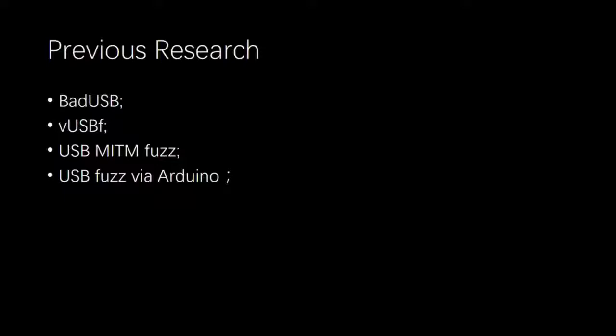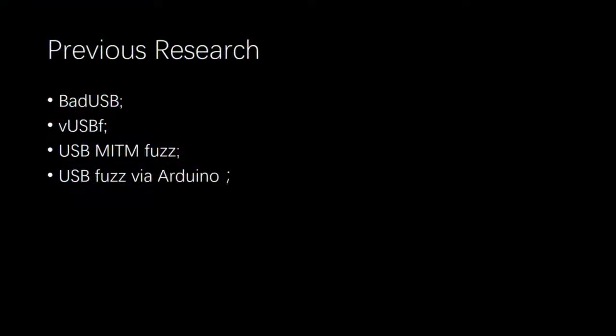But obviously, this man-in-the-middle fuzzing is really slow because it depends on the speed of your microcontroller. So you cannot use this kind of fuzzing at a larger scale because it's costly.